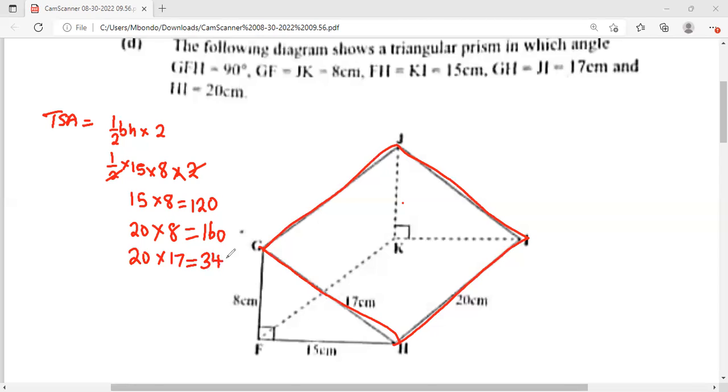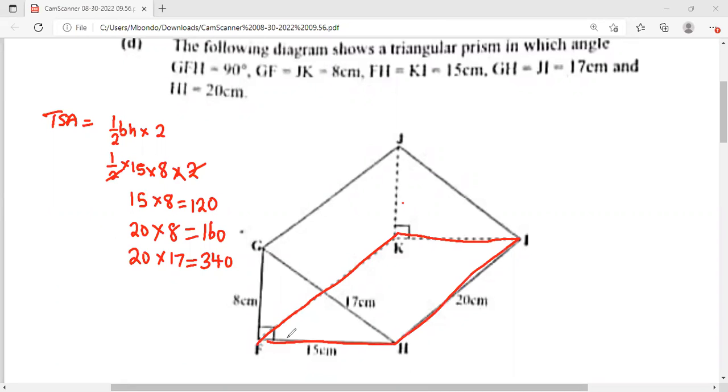you are going to get 340. All right? Now, if you are following, there is only one face that is remaining here. Are you able to see that face? That face is this one that is the base, at the bottom here.